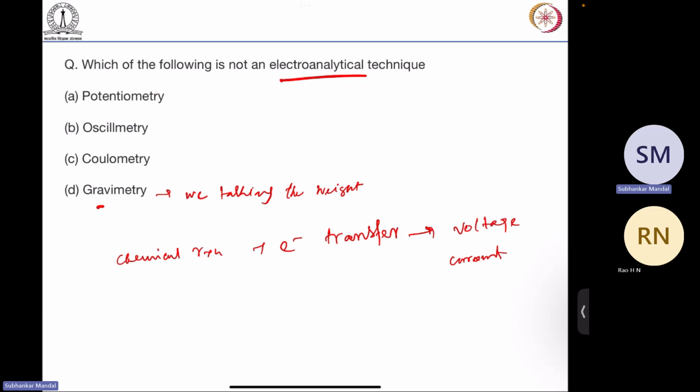So it is not electrogravimetry, it is only gravimetry. So the answer is not B, it is D.